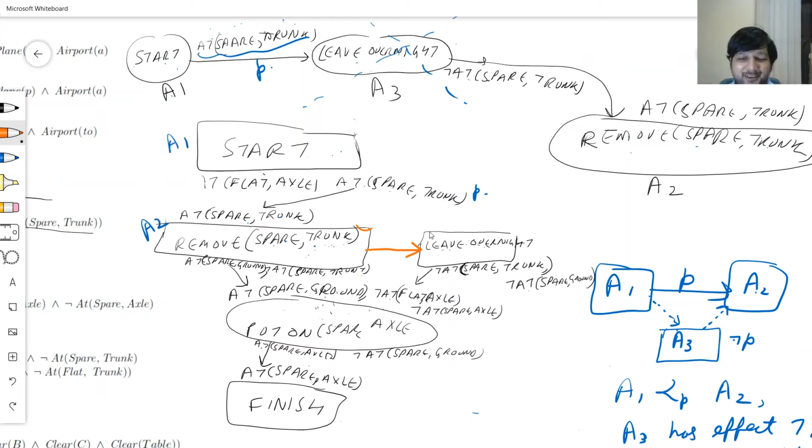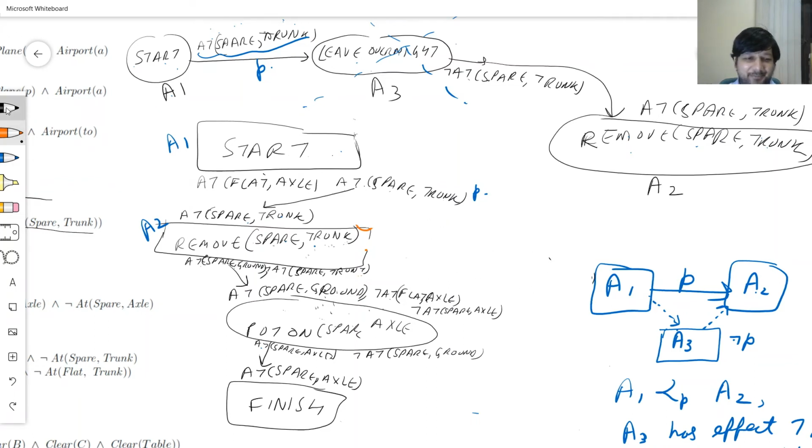So after doing all this, I get that there is no solution which is possible. And because there is no solution possible, of course, I will have to look at some other children. So there are actually two ways to satisfy. Now I'll come to the actual solution at flat comma axle.